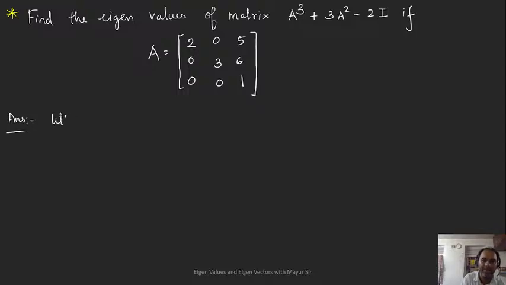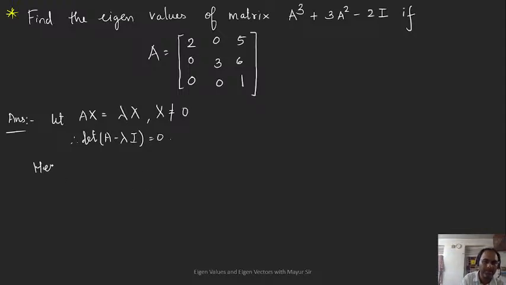If you feel comfortable, write Ax equals lambda x, x not equal to 0, therefore determinant of A minus lambda I equals 0.